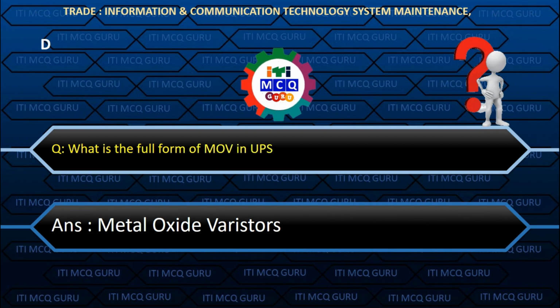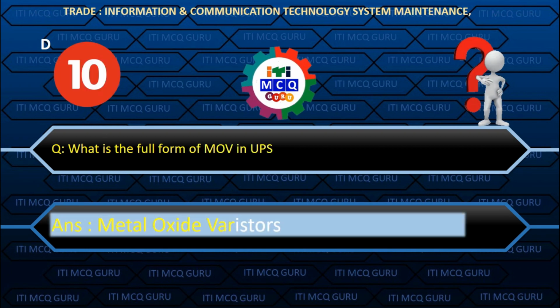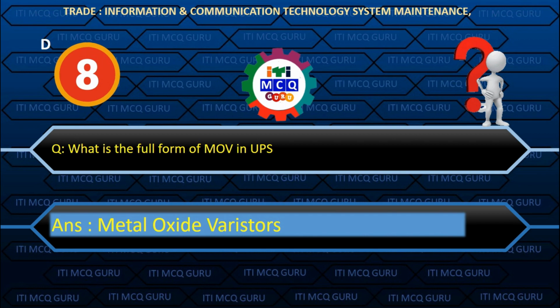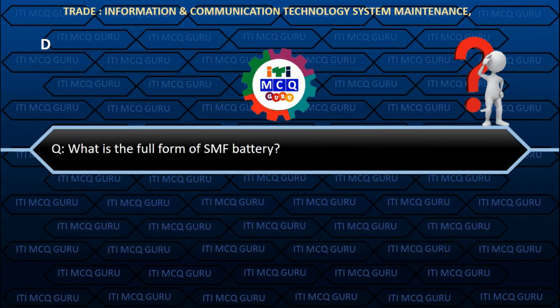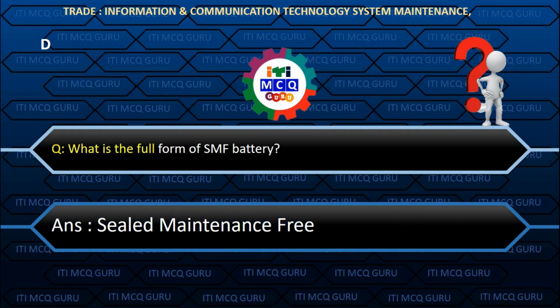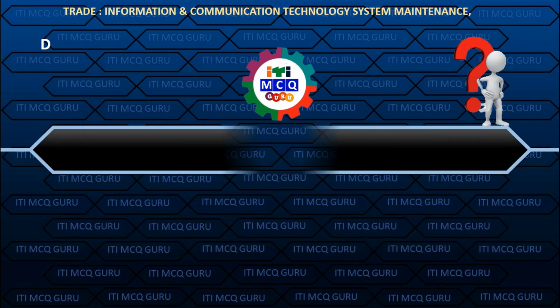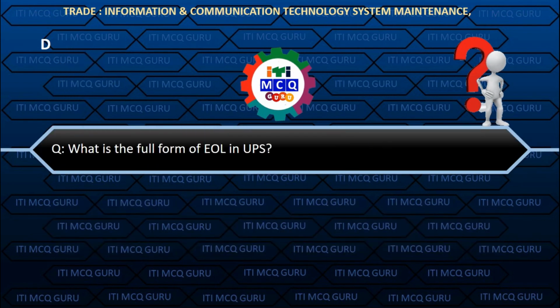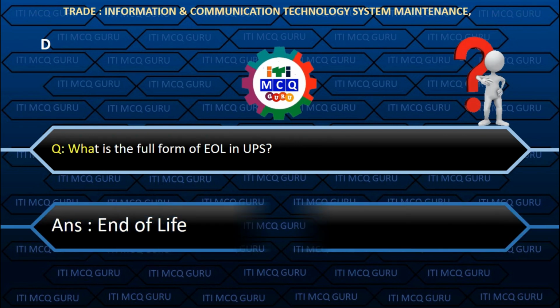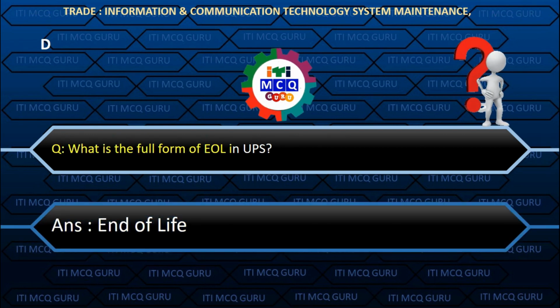Answer is Metal Oxide Varistors. What is the full form of SMF battery? Answer is Sealed Maintenance Free. What is the full form of EOL in UPS? Answer is End of Life.